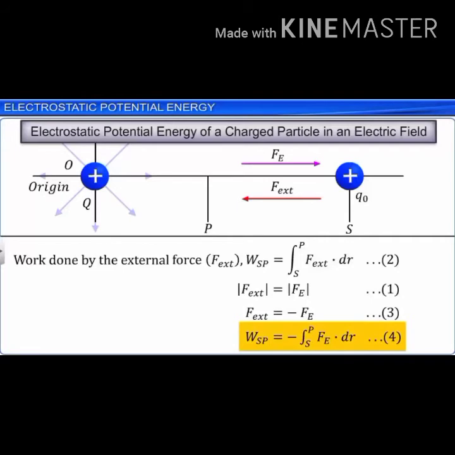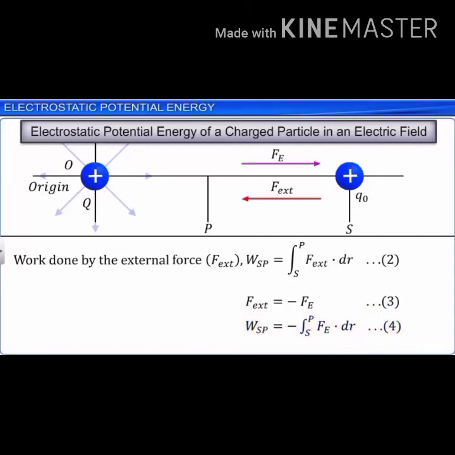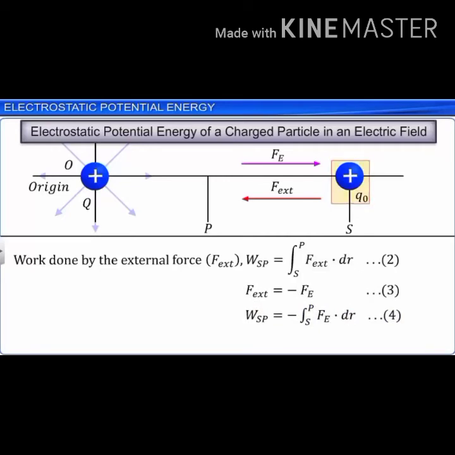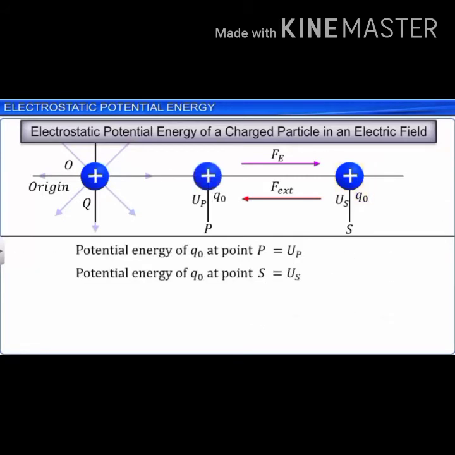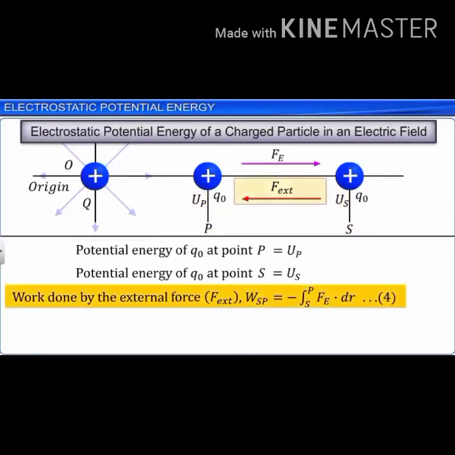Let the potential energy of Q0 at point P be given by UP. UP means the potential energy of Q0 at point P. And the potential energy of Q0 at point S be given by US. The work done by the external force WSP is equal to negative integral of Fe dr between the limits S to P, which was equation 4.